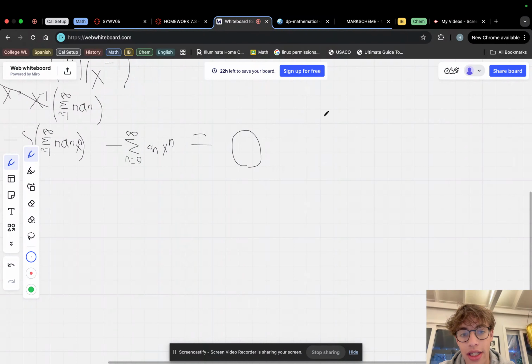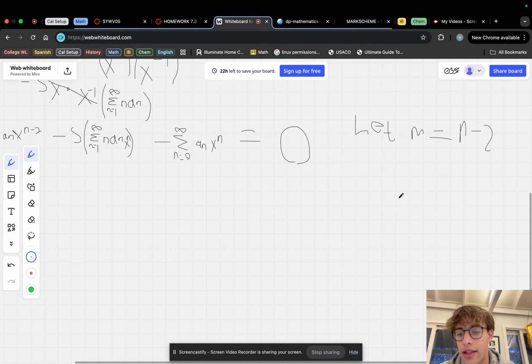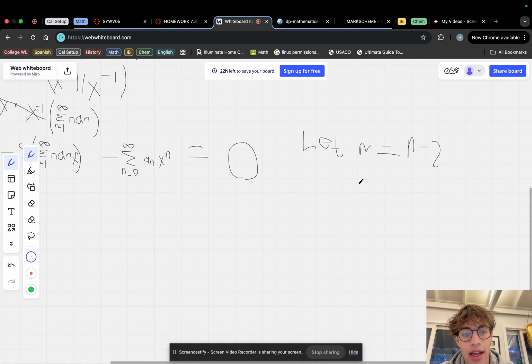So I'll make this little condition: let m equal n minus 2. And this therefore means that n is m plus 2.